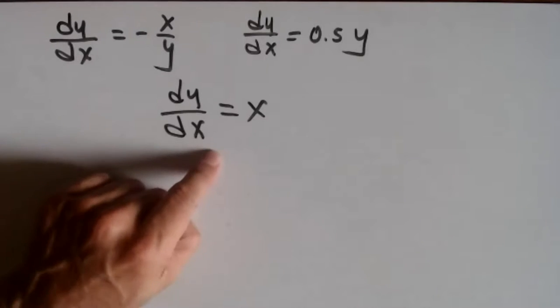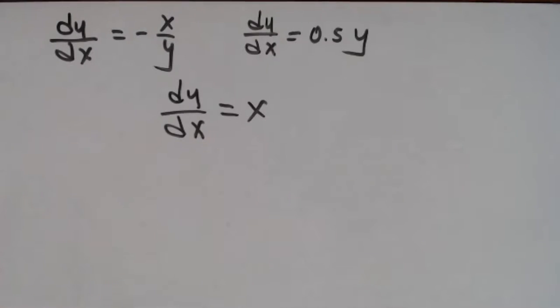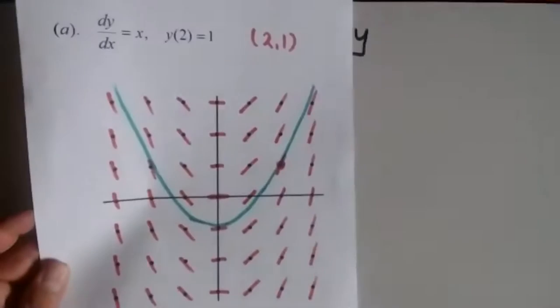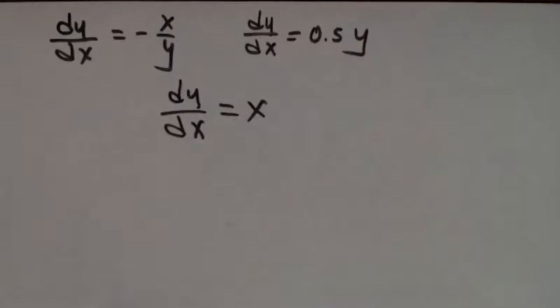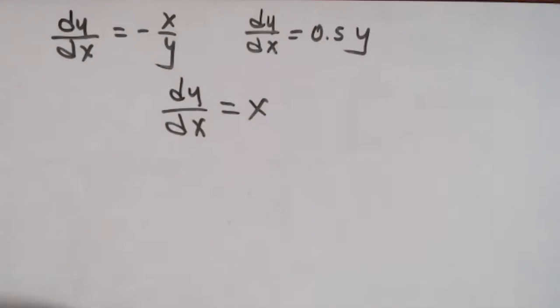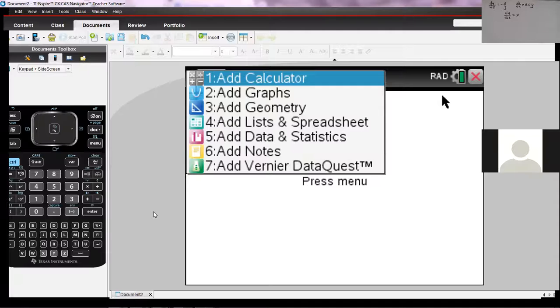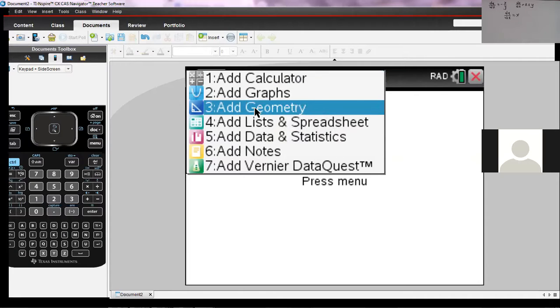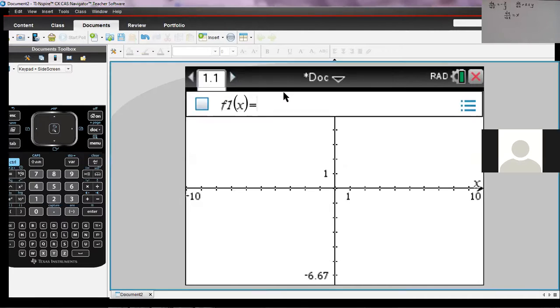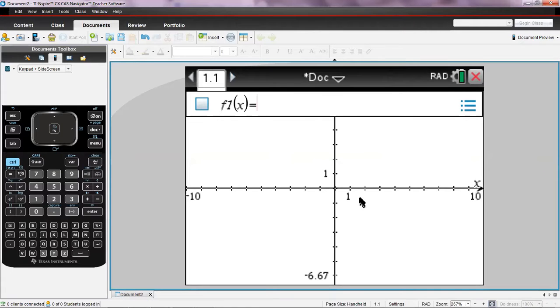Let me begin with this one, the one we got the solution for. With the calculator, you have to add the graph. You click here on graph, and you are familiar with this. It's the graphing window.